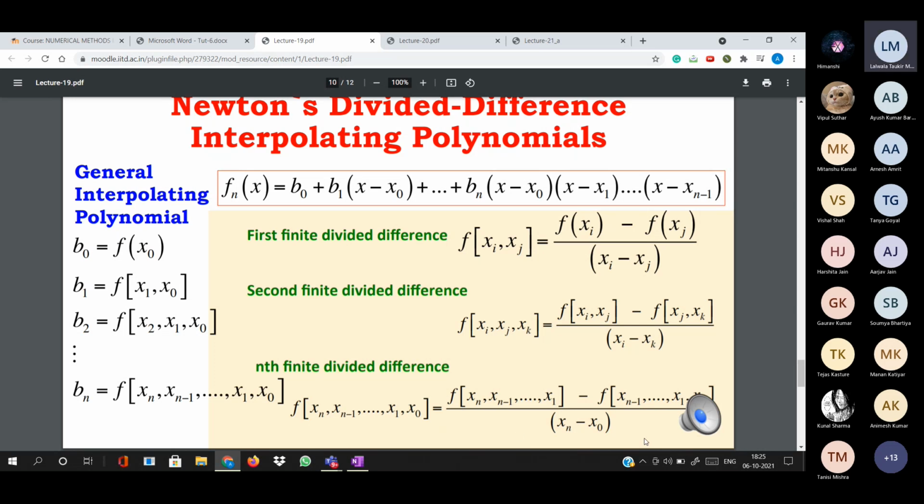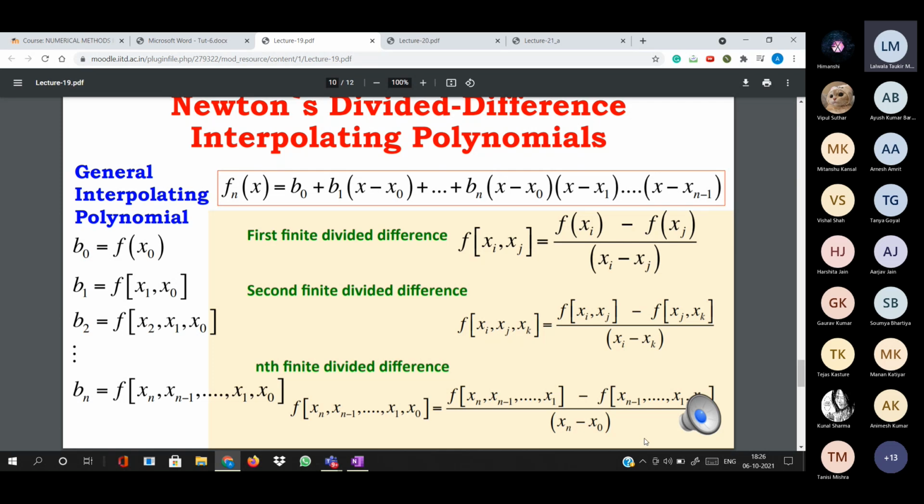Sir, we are writing f(x) in this general form. So if we put x equal to x0, all the terms except b0 will become 0, so we will get b0. Then we will put x1, so all the terms after b1 will become 0, so we will get b1, and we will get b2 and the coefficients like this.